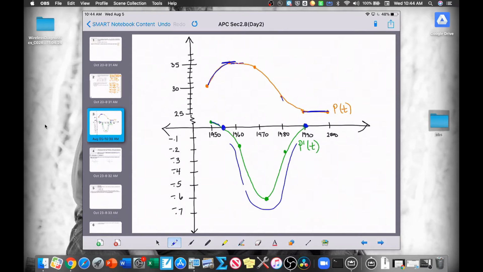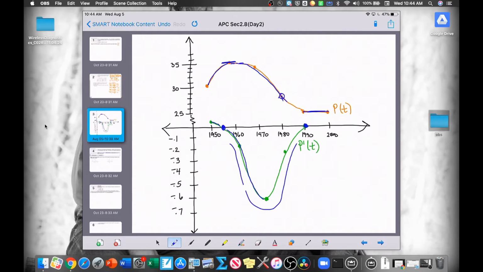When my original function is decreasing at an increasing rate, so from here to about here, the slope of my derivative is negative. Then I have what we would call a point of inflection right here. We'll talk about that later.